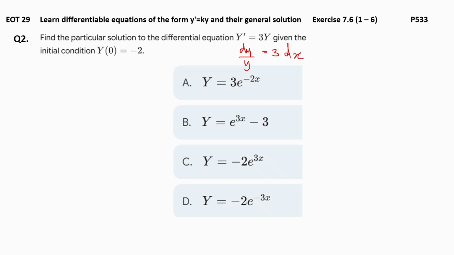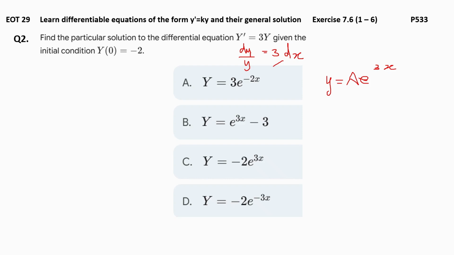Now when you integrate and you're done with the integration, you will be getting y is equal to A e power the value which is given here, 3x. So if you can skip the steps, that's fine, but to know more in depth, please rewind back and check out question number 1. There I have explained it in detail.